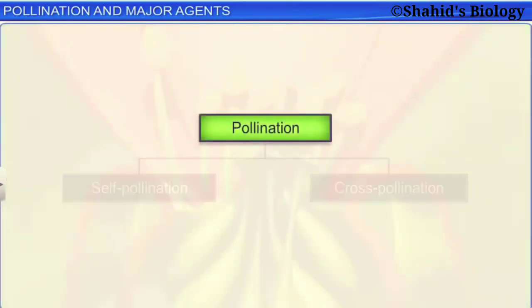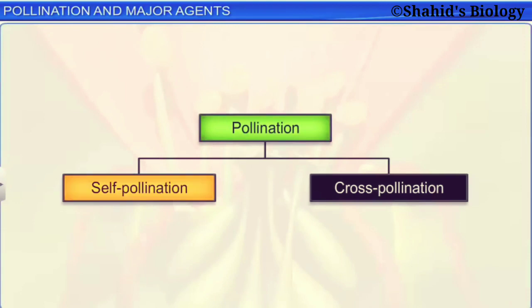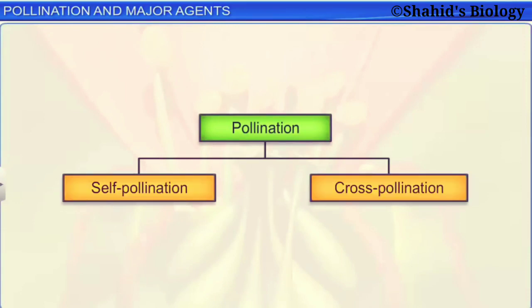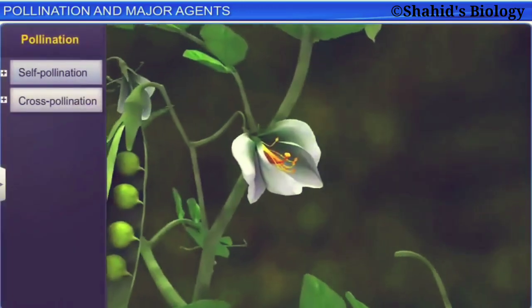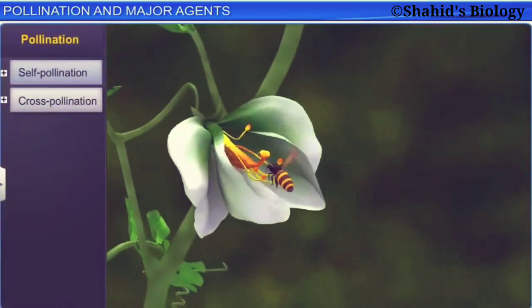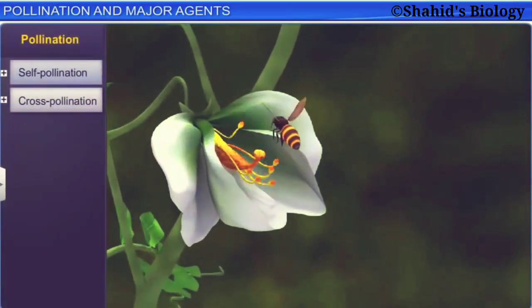Pollination can be of 2 types, self-pollination and cross-pollination. When pollination takes place within the same flower or between flowers of the same plant, it is known as self-pollination.